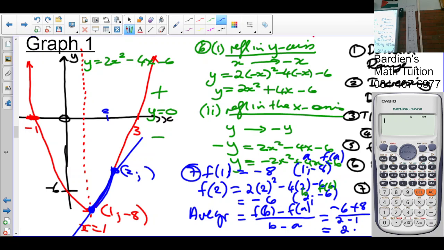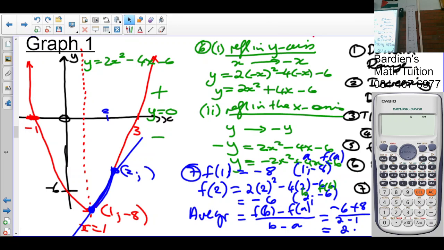Seldom, the question follows that. They will ask you, what does that answer tell us? You can answer by saying that between those 2 points, the graph is increasing at a rate of 2. What if the answer was negative 2?